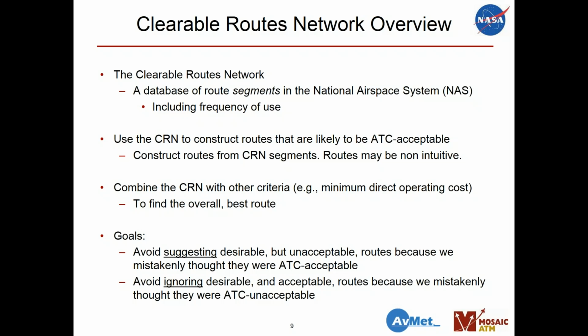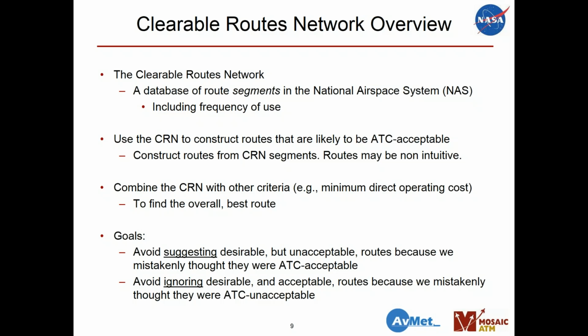And so with this CRN database, we can use that in real time to construct routes where the route segments have been used in the past. And because they've been used in the past, we believe that the overall route that is generated will be acceptable to ATC.